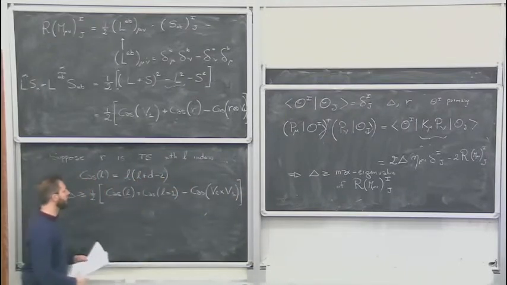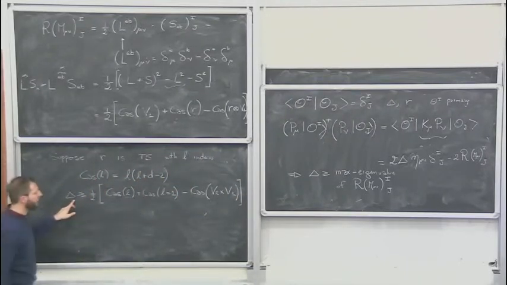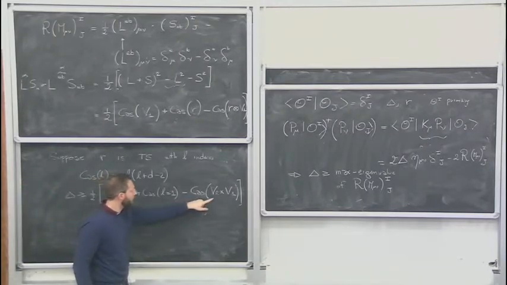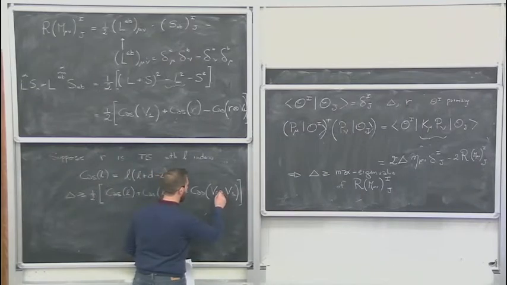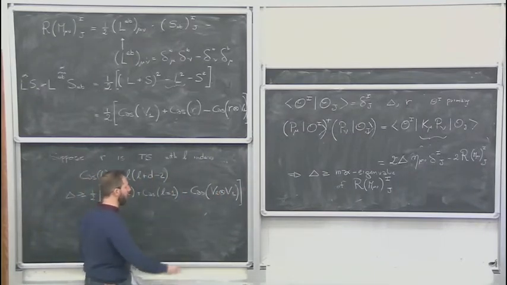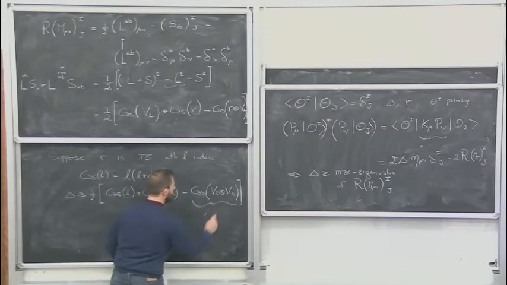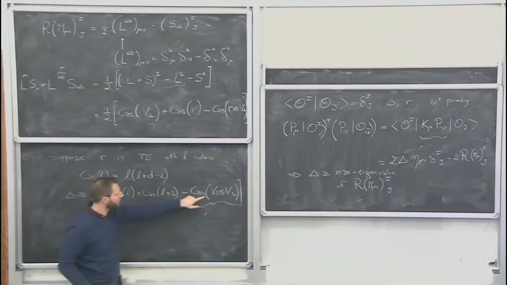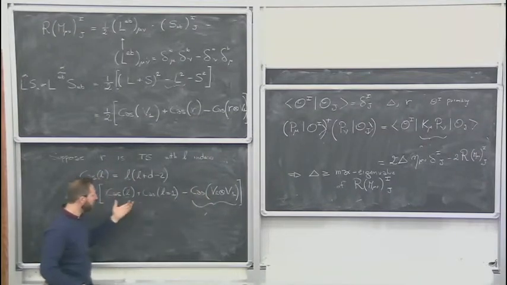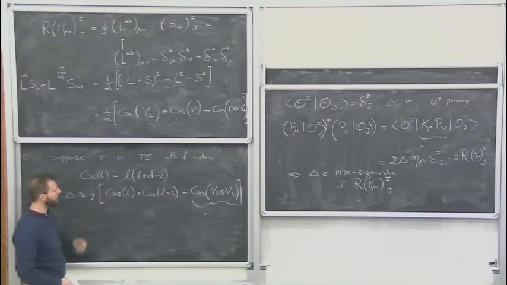So the strongest bound comes from the case in which this is minimal. Okay, so you have to inspect what this tensor representation is, and you have to take the one with the smaller Casimir, so that when you subtract, you get the strongest bound.